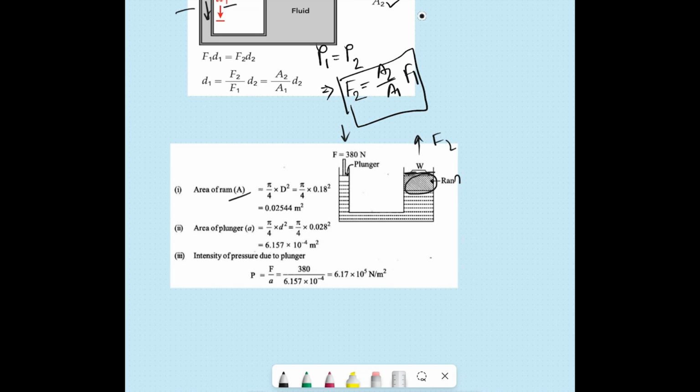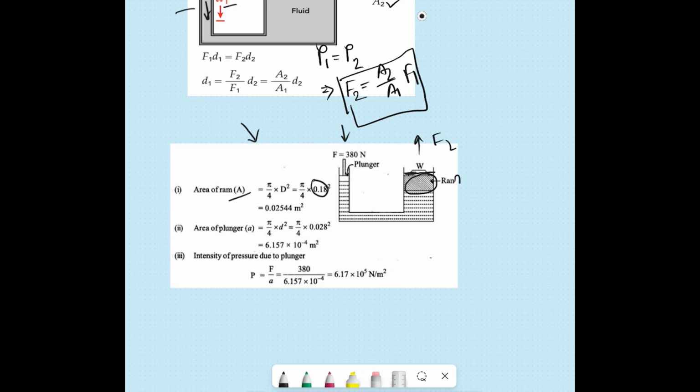The equation is pi by 4 d square, and we get the value of d from the question. As I'm not placing the question here, it doesn't matter; we just need to go through how to solve this type of problem. Another one is the area of the plunger, the smaller one, so we have to find out the smaller piston area.